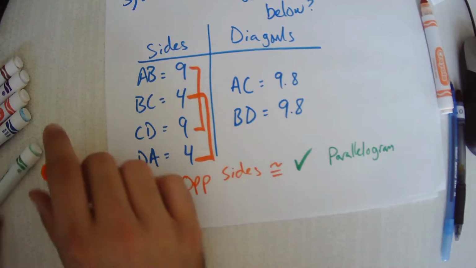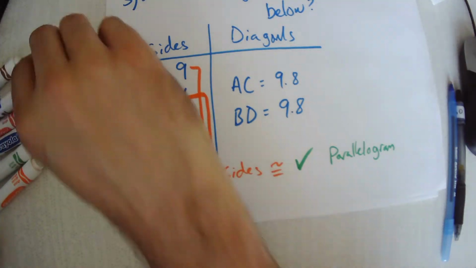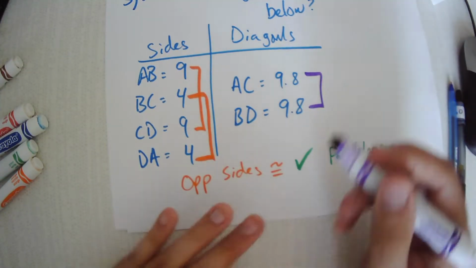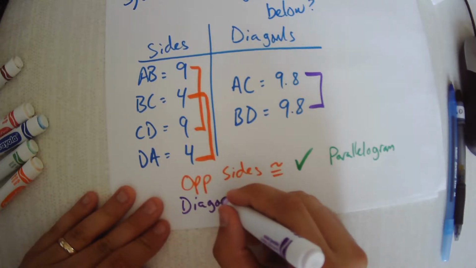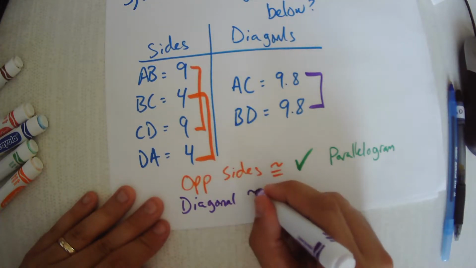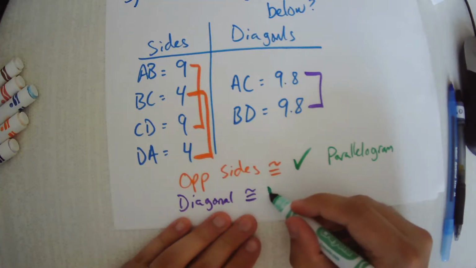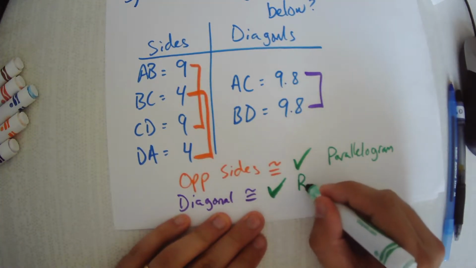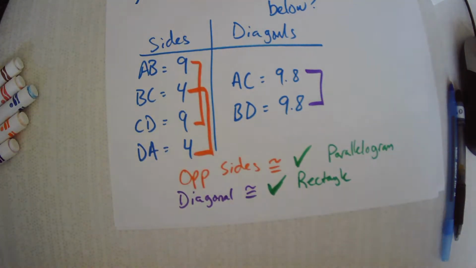What else do I notice about this stuff? Diagonals match. Diagonals are congruent. So it's at least a rectangle, because the diagonals match.